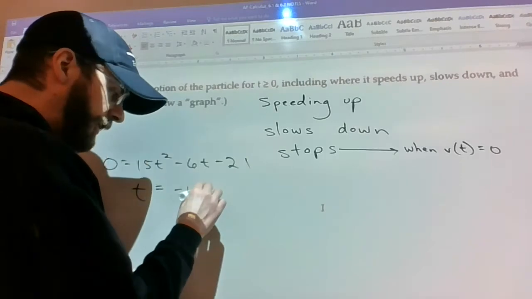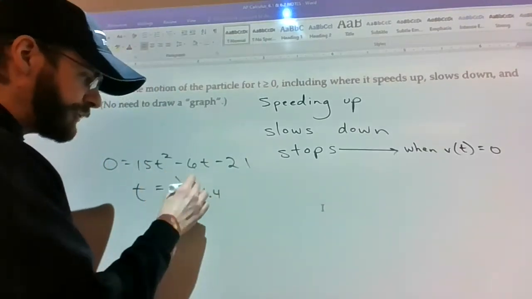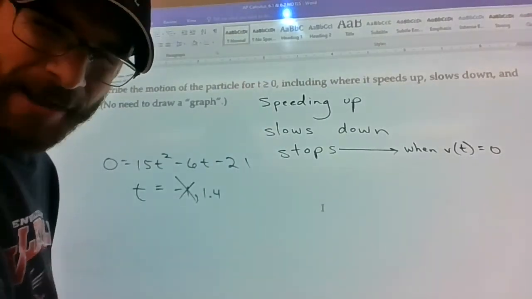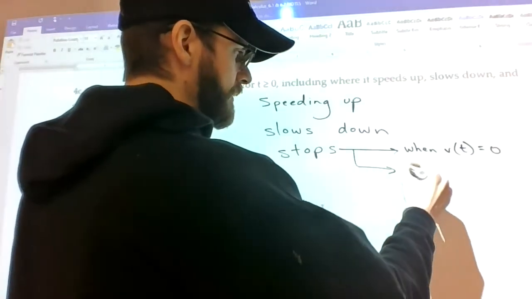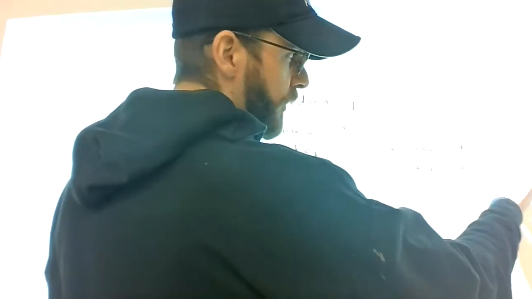So I got negative 1 and 1.4. Turns out it's factorable. Now the negative 1 you can toss out because we're talking t is greater than or equal to 0 here. Time's not going to go negative. So it stops at t equals 1.4 seconds.